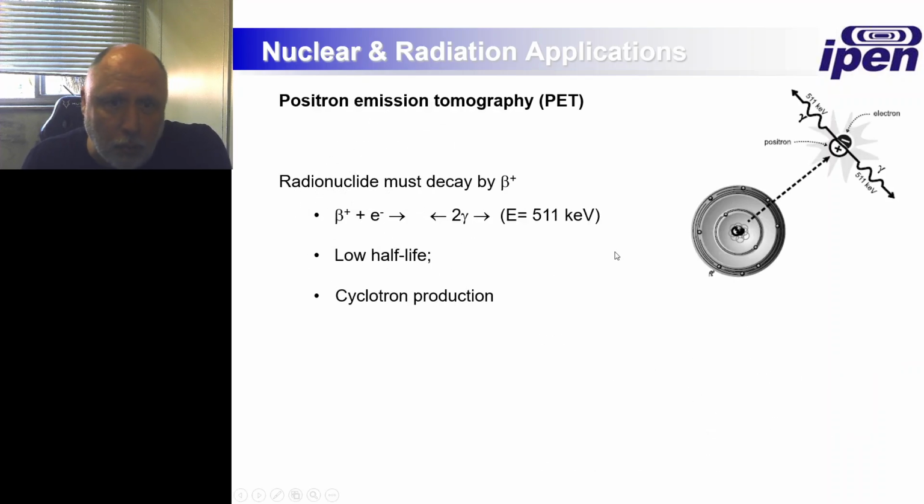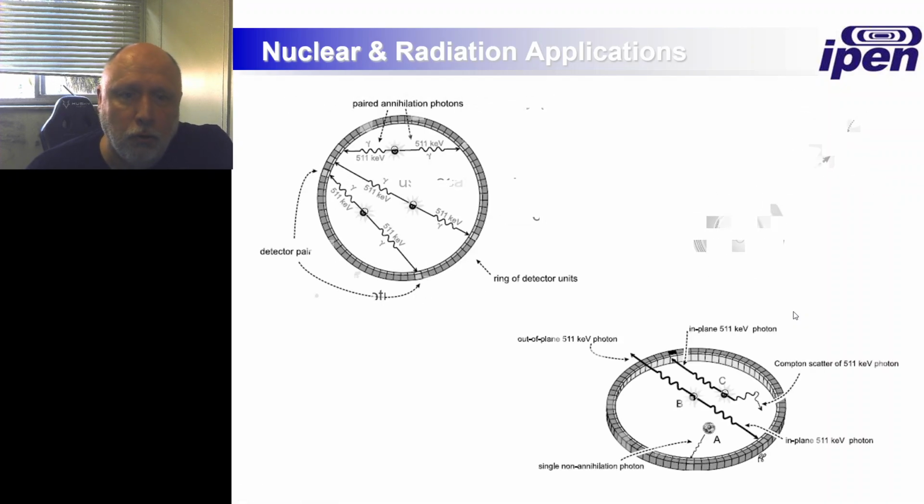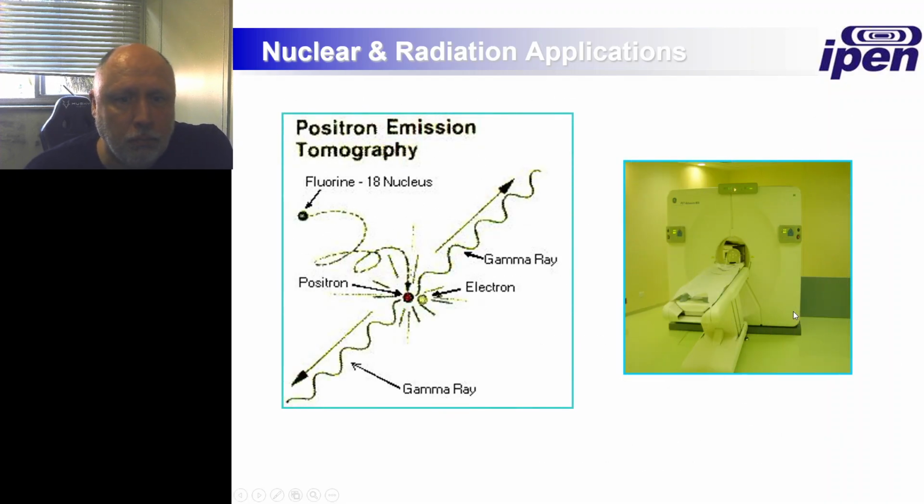There's a downside. If the cell was here, that's where the decay happened, and this positron walked a bit inside your body, some centimeters, so the image is a bit blurrier, because this positron could have walked this way or this way or this way, right? So you blur your image a bit by doing that.